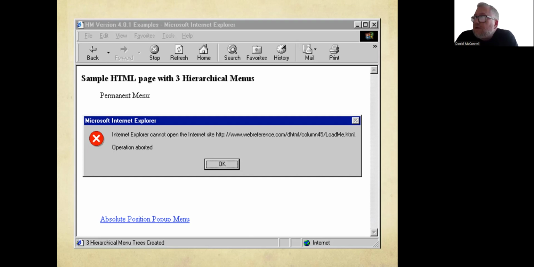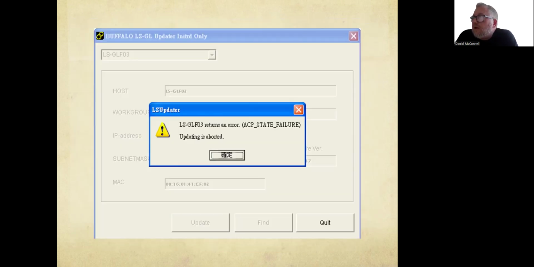I don't know. And I don't even know what to do about it, right? It just says operation aborted. I can't do whatever it is that I want to do. Again, we're trying to update something and we're aborting that procedure because of some ACP state failure. If you don't know what that is, then you would have little idea what it means, what has actually gone wrong, and what you could try to do to fix it.